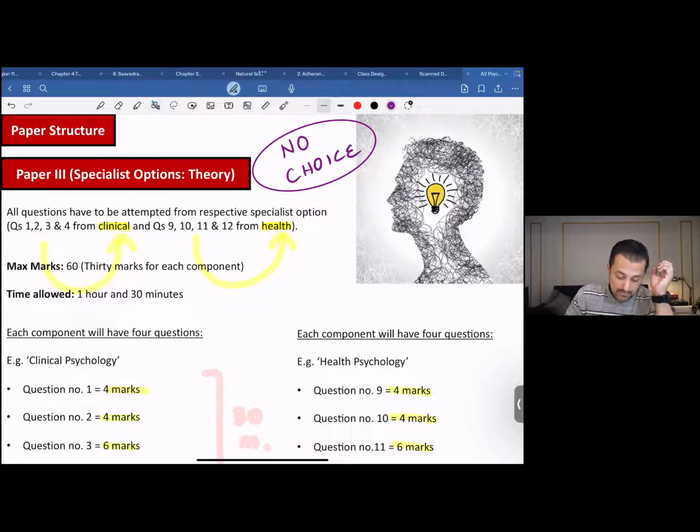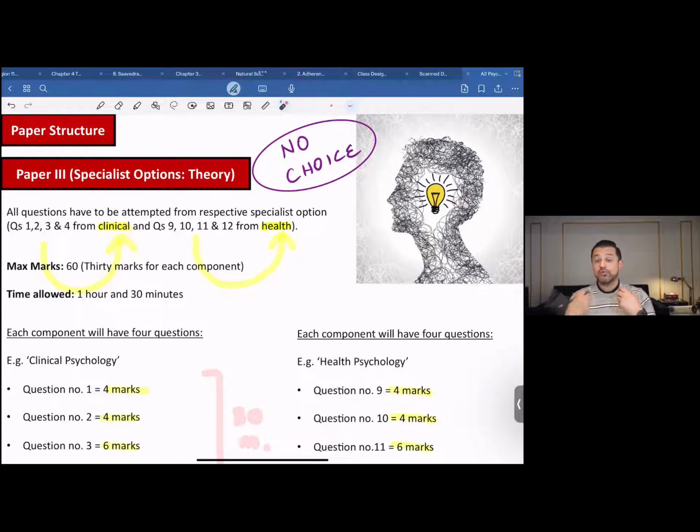Now, all questions have to be attempted from respective specialist options. Remember, right at the beginning, when I said we have 4 specialist options, or 4 components in total, and out of those 4 components, you're expected to prepare for any 2. Yes, CIE expects you to study only 2 of them, because it's not only about reading through the syllabus, it's not only about gaining knowledge over the syllabus.